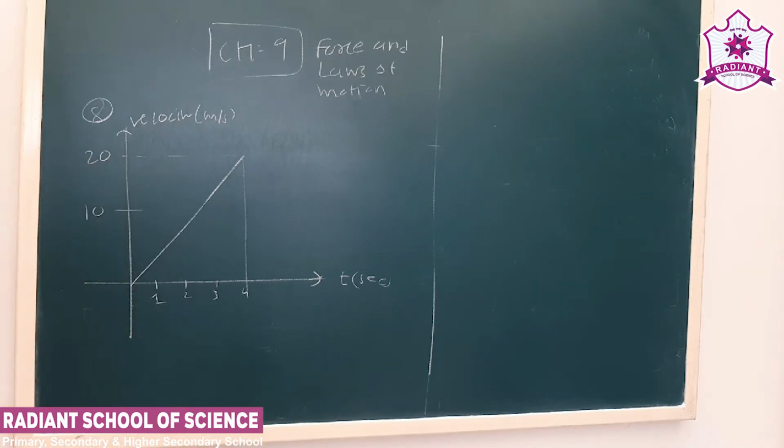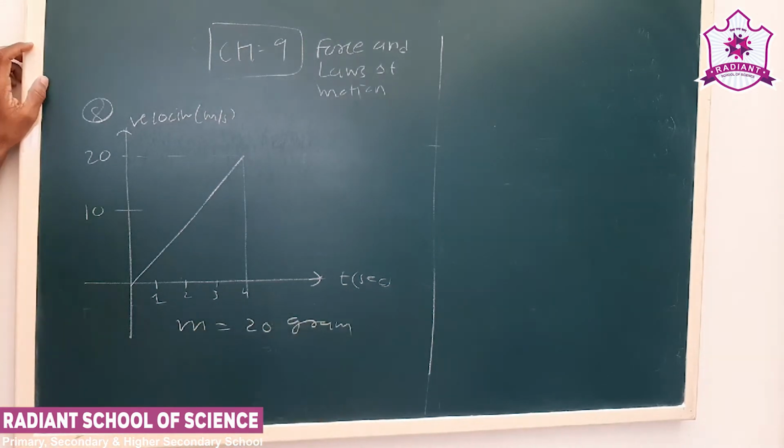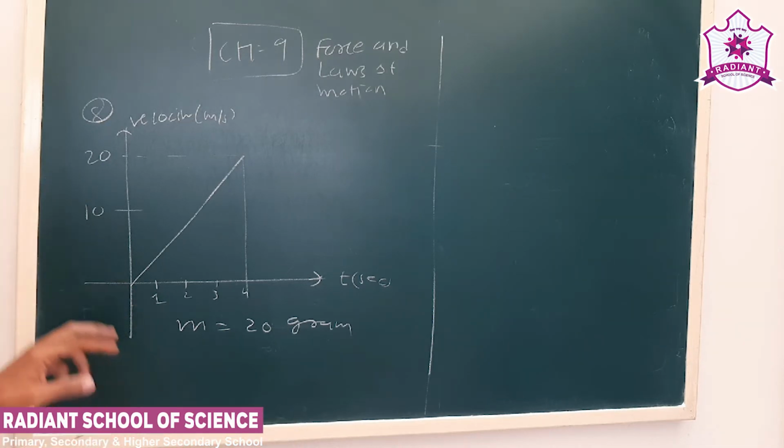The mass of the ball is 20 gram. We have to find out the force acting on the ball, for a velocity time graph which is given like this. The velocity time graph is shown in the figure.